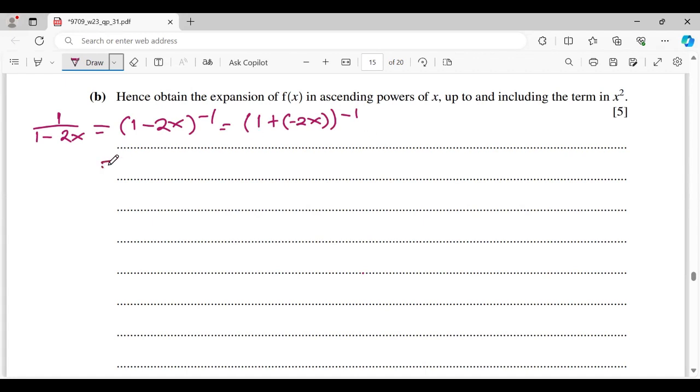And if we expand, it becomes 1 plus minus 1 times minus 2x over 1 factorial plus minus 1 times minus 2 over 2 factorial times minus 2x squared.